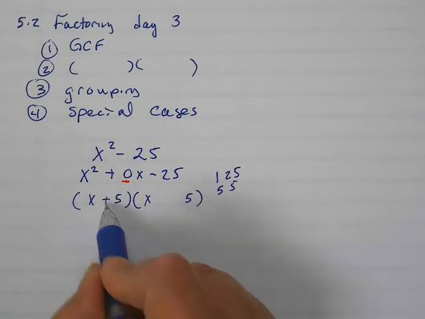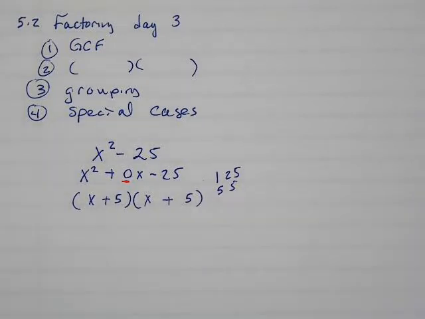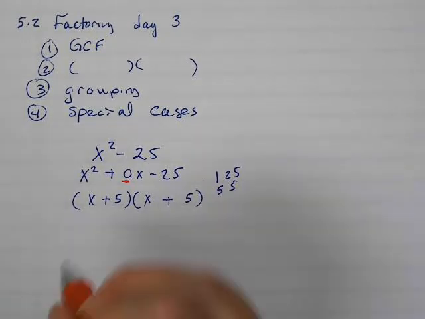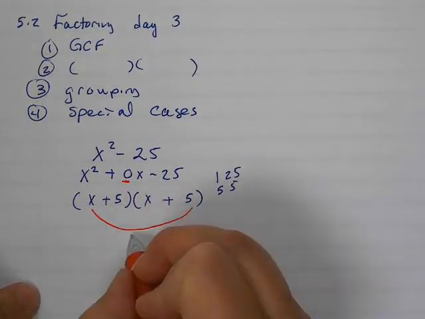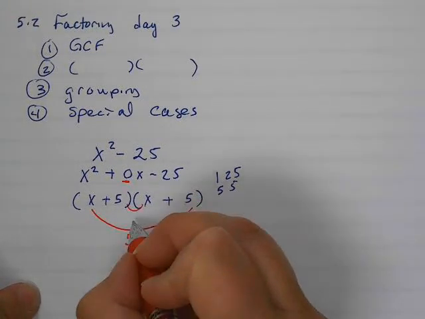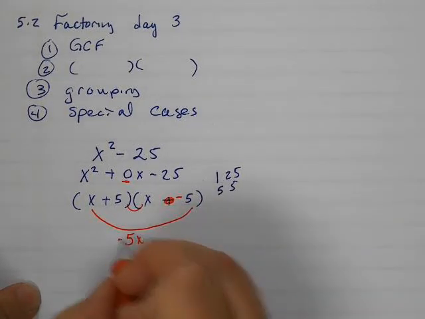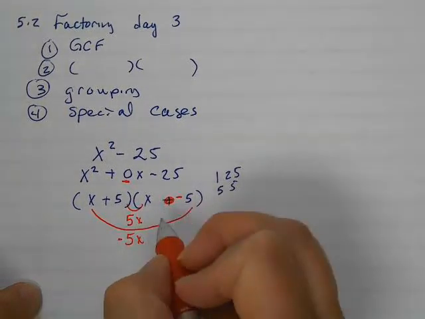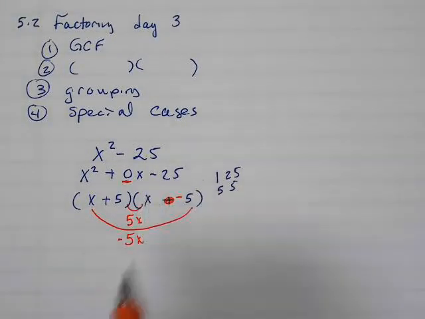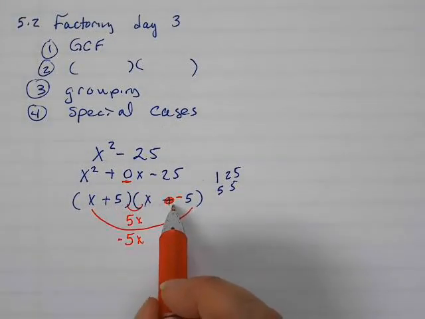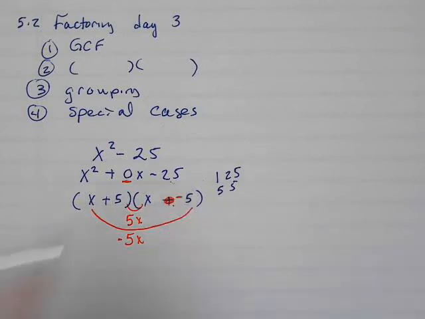And one of them is going to have to be positive and one of them is going to have to be negative, because this gives me 5x and this gives, whoops, I said positive negative. That gives me negative 5x and that gives me positive 5x, which gives me 0. And a positive times a negative gives me a negative 25.